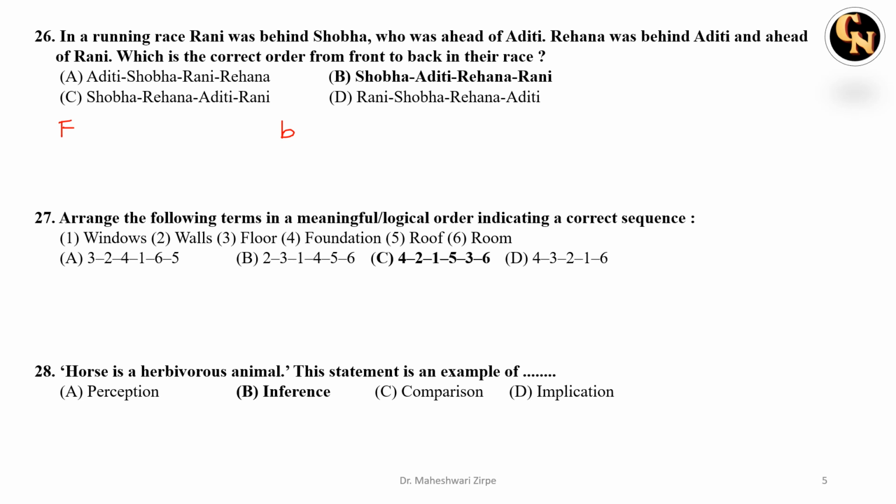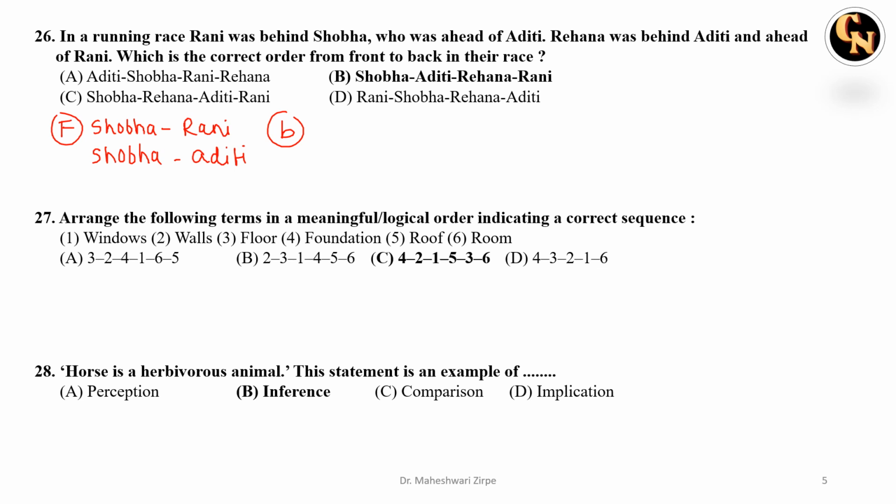So here Shobha, and we can write here Rani. One more statement they have said: Shobha is ahead of Aditi. So again Shobha is in front, then Aditi is at the back.